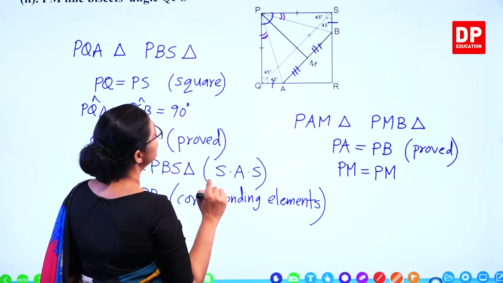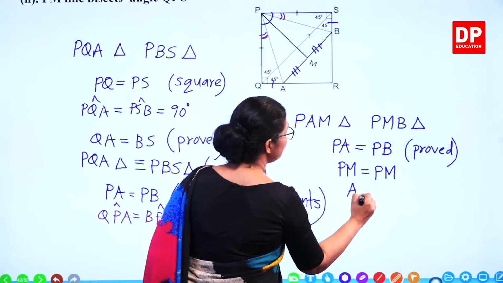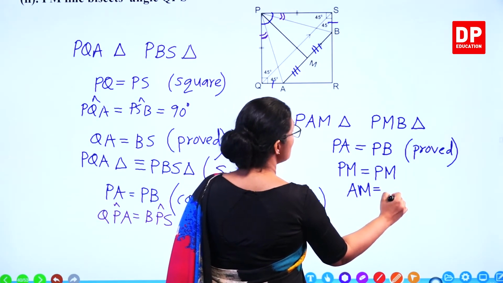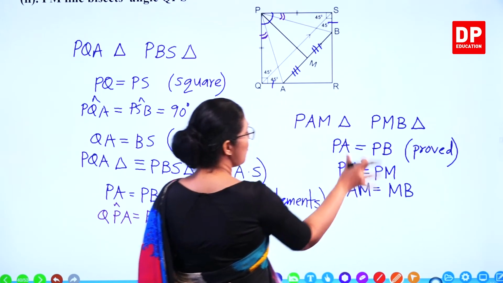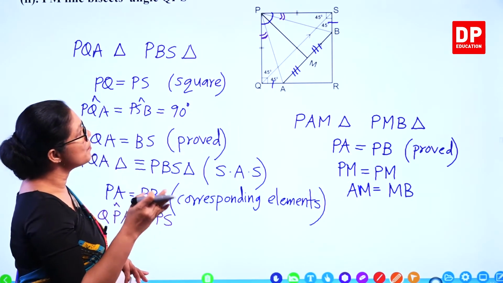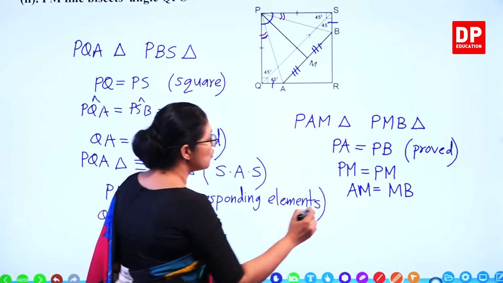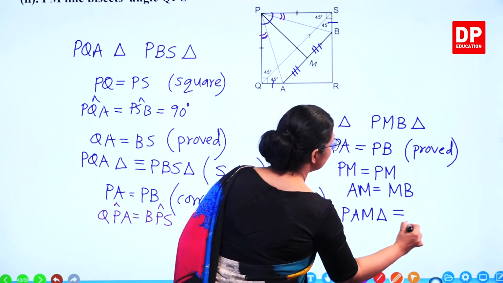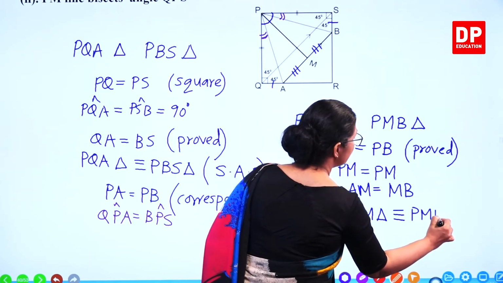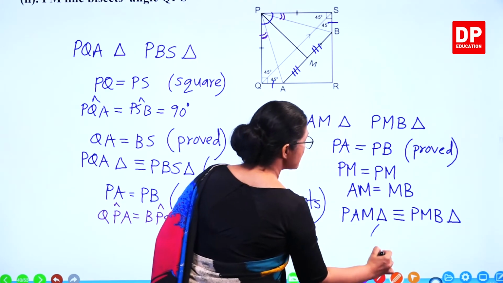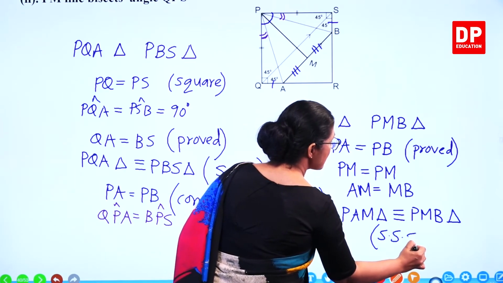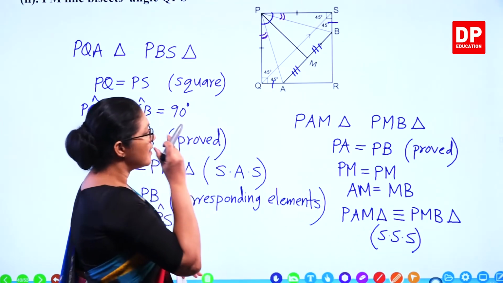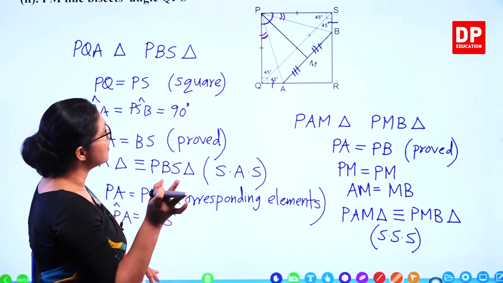So we'll write down AM is equal to MB. Now what can you say? All three sides, corresponding sides are equal. The two triangles are congruent. What's the case? SSS. Side, side, side. The two triangles are congruent.